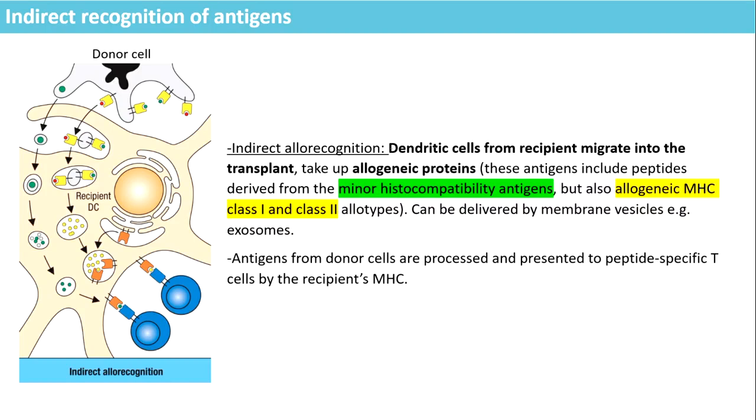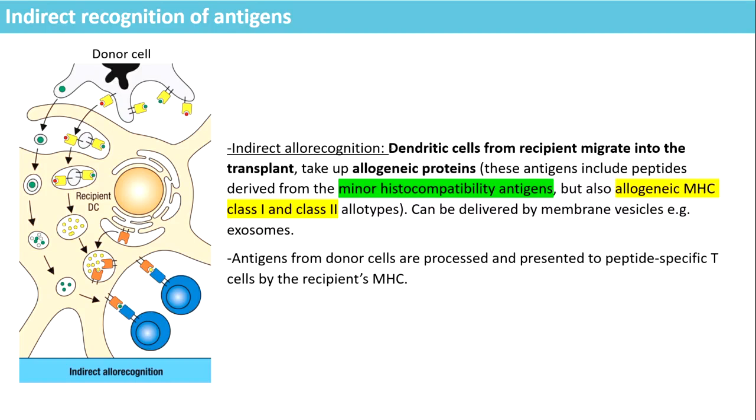These can be released from donor cells by exosomes, and they'll be taken up by that dendritic cell. They'll be processed and then presented on the self MHC class 2 to the recipient's CD4 and CD8 cells. And that will mediate immune response within the graft as well.